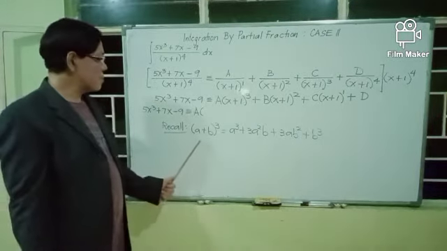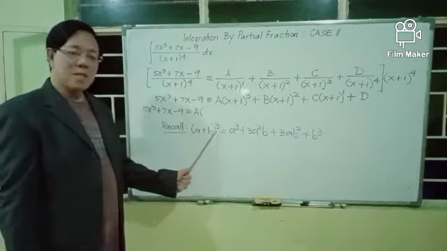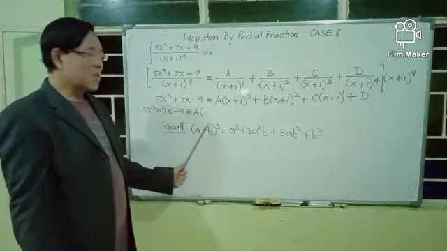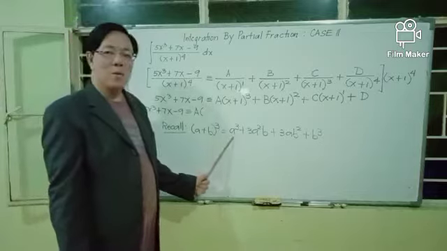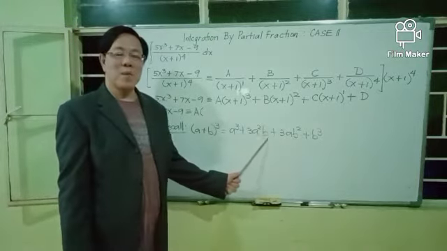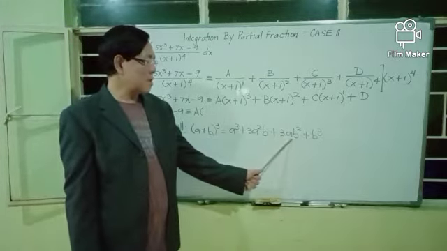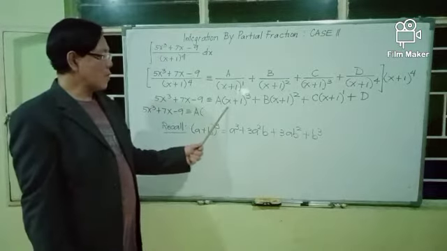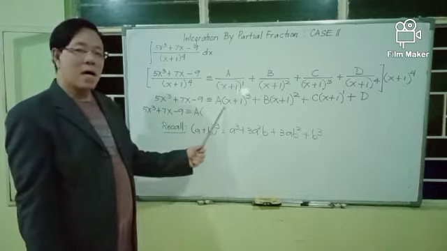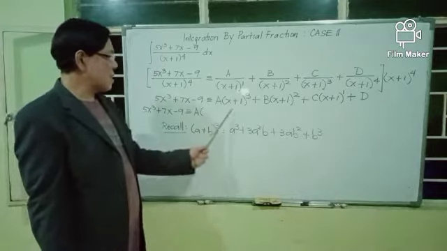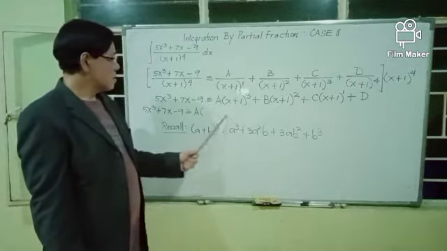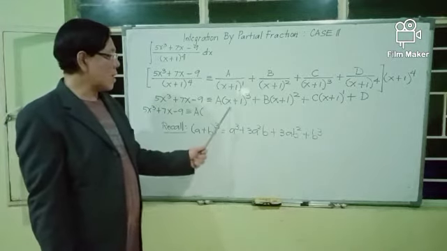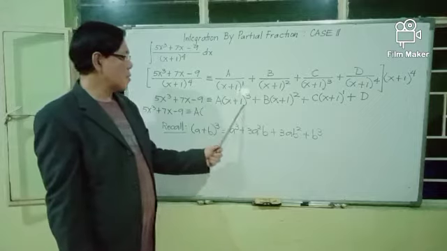The cube of a sum, the sum of a and b. So (a + b)^3 is equal to a^3 + 3a^2 b + 3a b^2 + b^3. Where in our example, a is x and b is 1. So in this special product rule, replace a with x and b with 1.